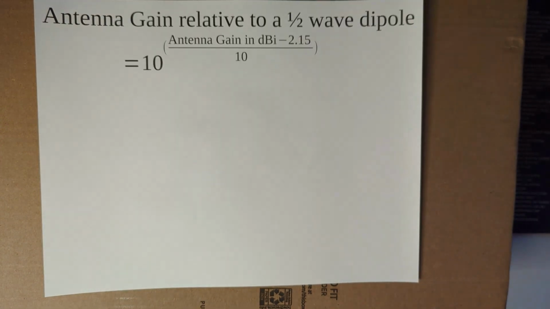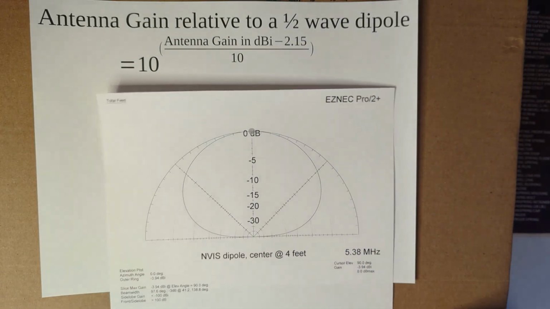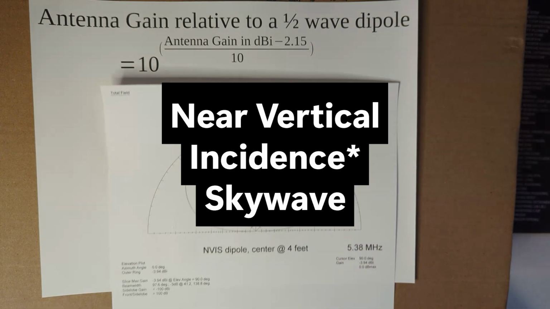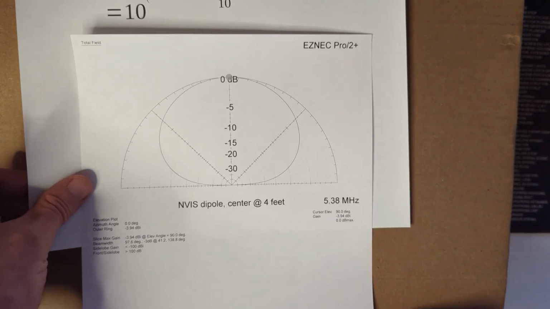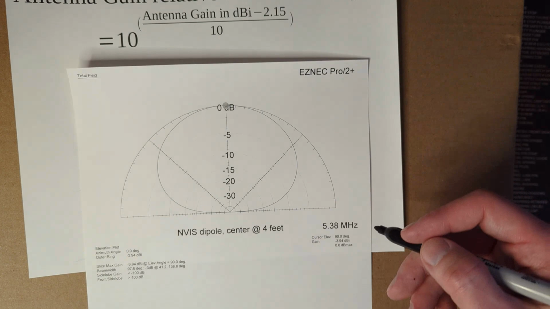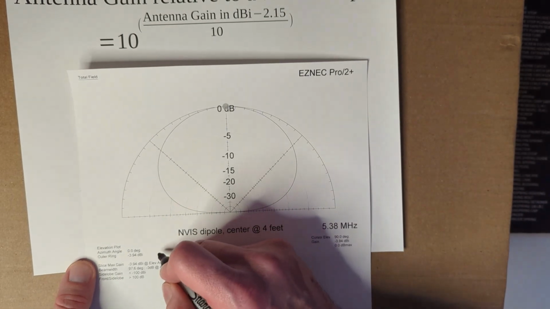Now I want to do the calculations for one final antenna. And this is an NVIS dipole. NVIS means Near Vertical Incidence Skywave. I modeled an NVIS antenna that's 4 feet off the ground, which is just a little more than a meter. And it has very low gain.